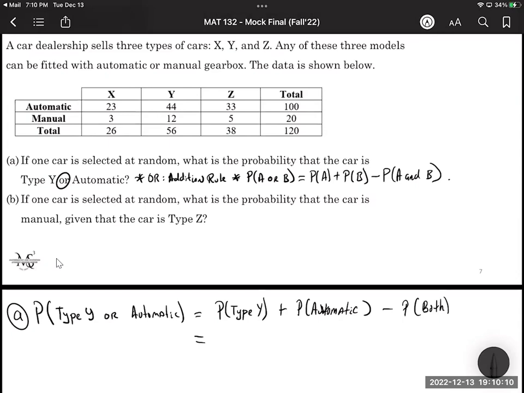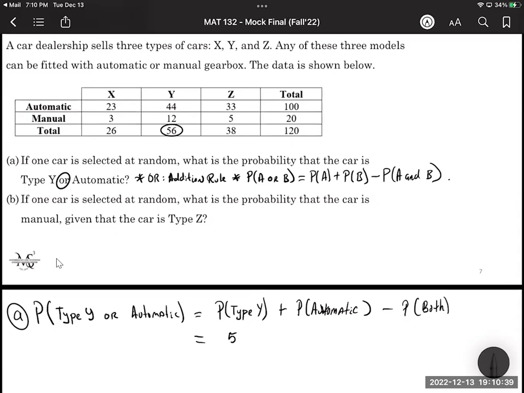So if I'm selecting a type Y car, what is the probability of selecting a type Y car? Would it be 56? Well, there are 56 type Ys. That's not incorrect. There are 56 type Ys, but we have to write it as a probability. So it's 56 over what? 120.